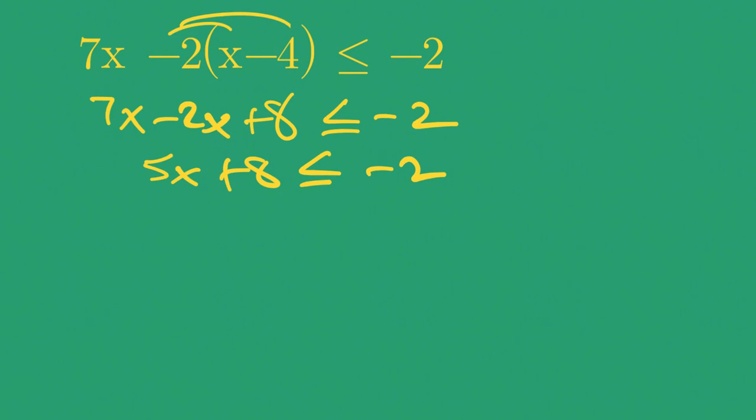What's the next thing leaving? There we go. Let's subtract 8. I like that one. Let's subtract 8 from both sides. 5x is less than or equal to, what's negative 2 minus 8? Negative 10. Good. Negative 10.